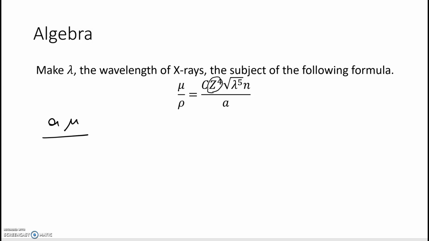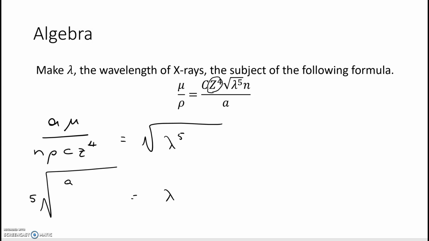A times mu over n rho cz to the 4th equals the square root of lambda 5. So lambda equals the 5th root of all of that squared. Got it. Oops, that should be a 4. Okay.